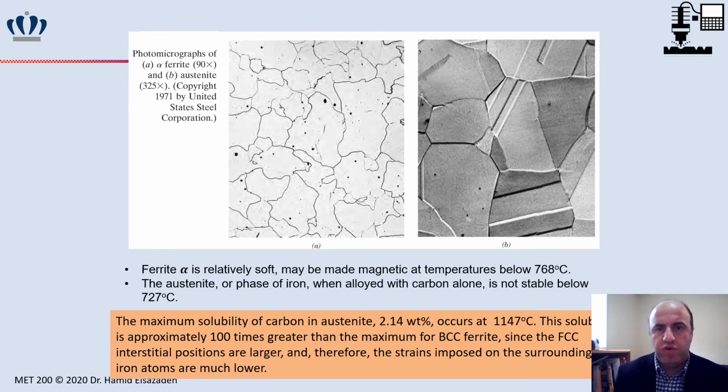As I mentioned before, we have 3 phases for iron: ferrite, austenite, and delta ferrite. But we are interested mostly in alpha and gamma. This is gamma, right?